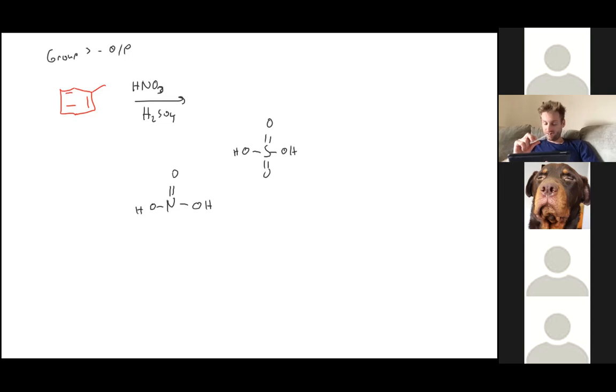Sulfuric acid is a stronger acid than nitric acid, so the proton is going to end up on the nitric acid.